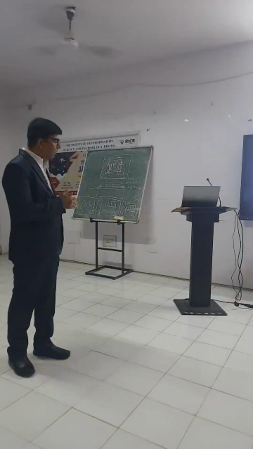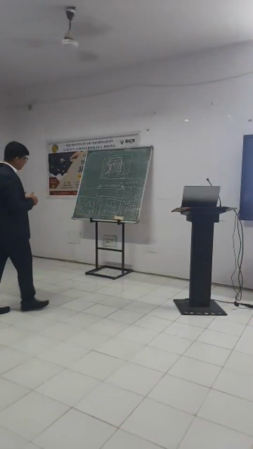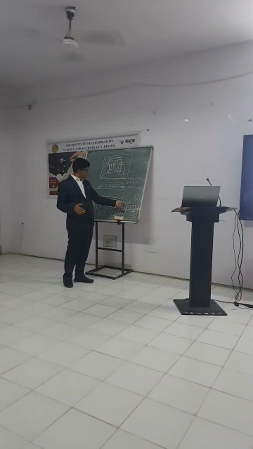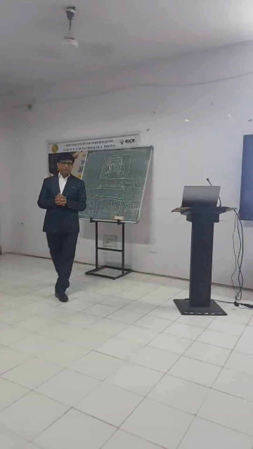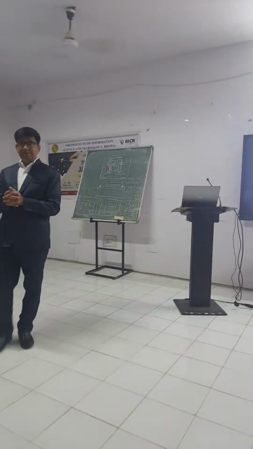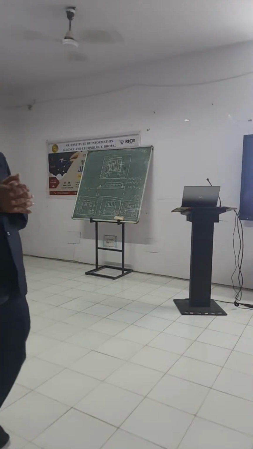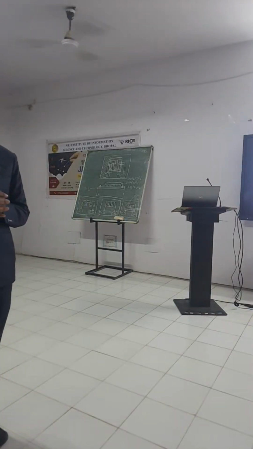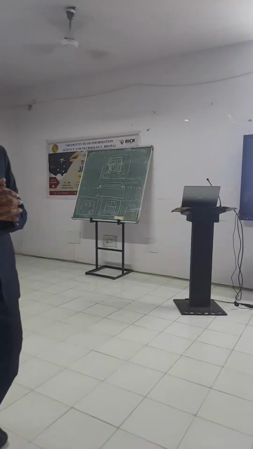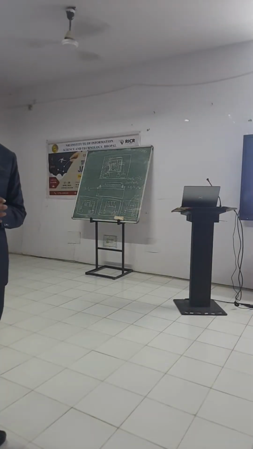Then over the chrome gold electrode, I am depositing my ZnO layer. That is my sensing layer. But I can't deposit and pattern that layer with the help of bright field lithography. Can you tell me why?